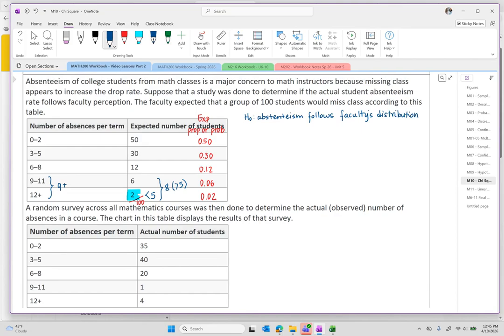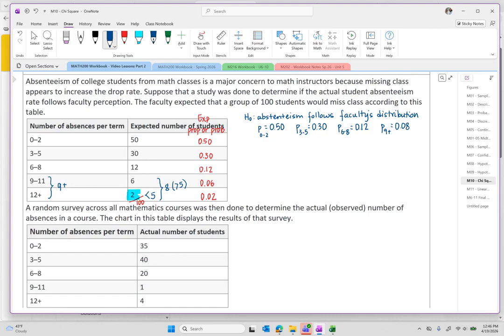And mathematically that will be that the probability of 0 to 2 absences will be 50%, that the probability of 3 to 5 absences will be 30%, that the probability of 6 to 8 absences will be 12%, and that the probability of 9 plus absences will be 8%.